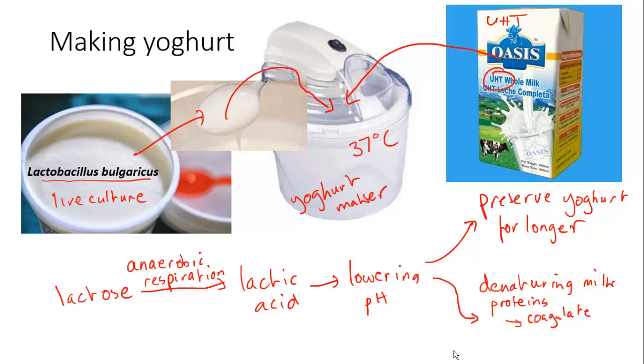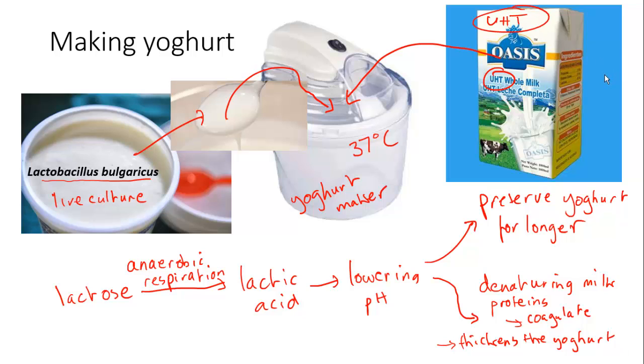Once those proteins coagulate, that thickens the yogurt. And that's what gives you the texture of the yogurt that you're probably very familiar with, and maybe you love it, or maybe you, like me, think it's all right. But there we go, and that's how you make it.